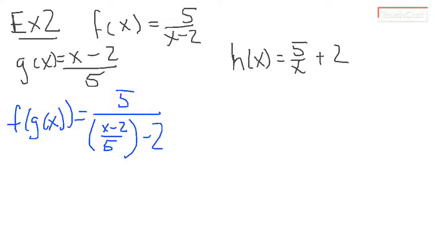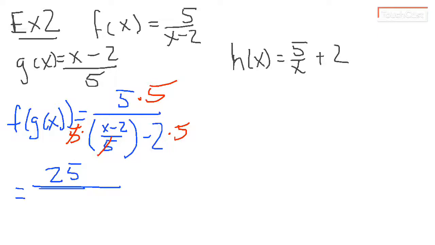If we clean this up, we don't like having 5 here in the denominator. So we're going to multiply each term by 5 in both the numerator and the denominator. In our denominator, this 5 and this 5 will cancel each other out. And what we'll have is 5 times 5 is 25 over, in the parentheses we'll be left with just x minus 2.